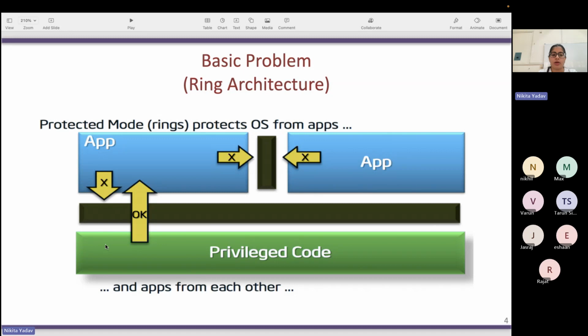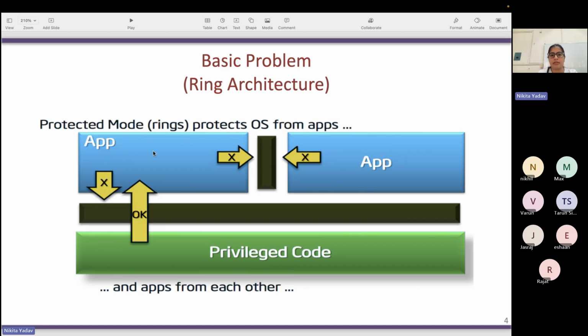The applications cannot access the OS code or data. If they want to use any service of the OS, then they can do a system call. They can perform a system call, and then the OS is going to check what the application is asking it to do, but it cannot read the OS code or data.